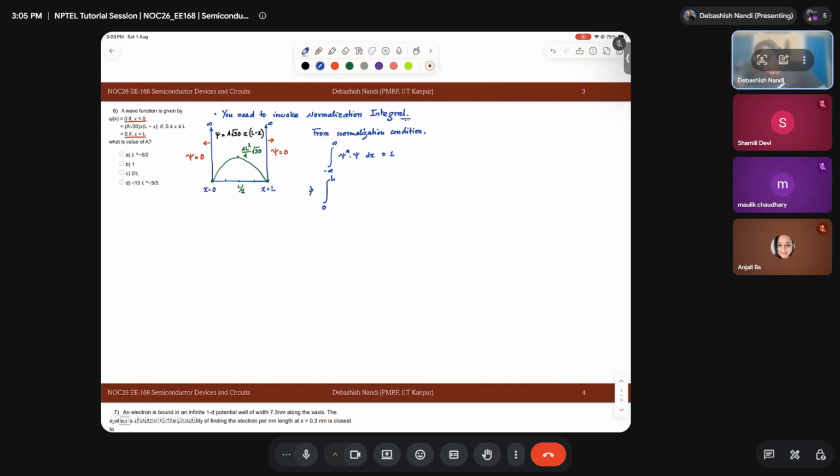If my psi is a real valued function, as it seems from the question, because x and L are both real valued, and A is the amplitude, it will simply be psi square dx. So in another sense, it will be A square 30 times x square, then x square minus 2Lx plus L square, dx equal to 1.